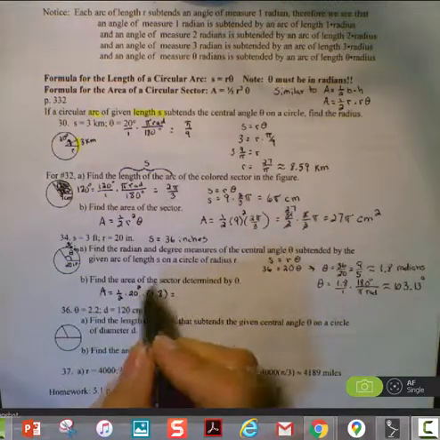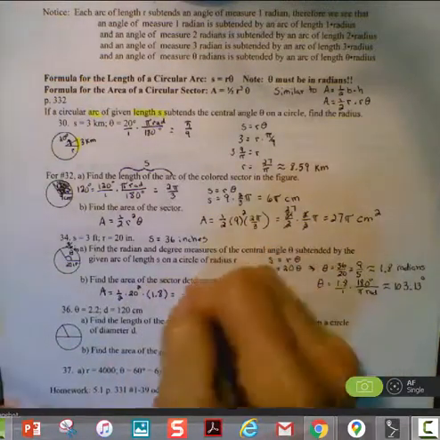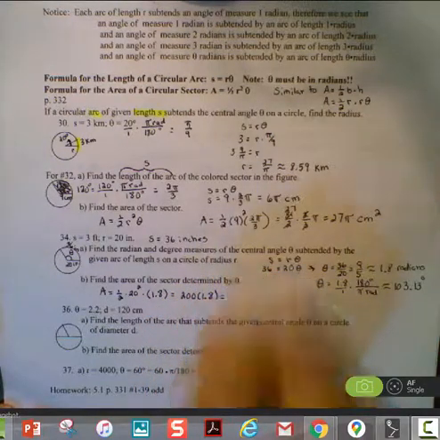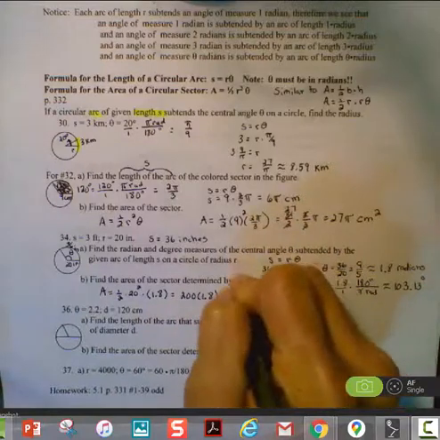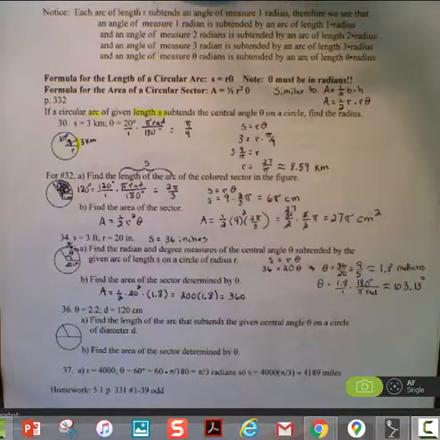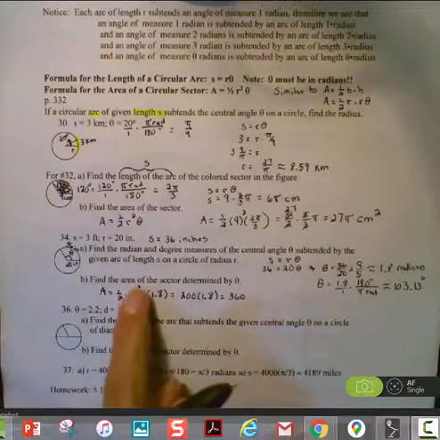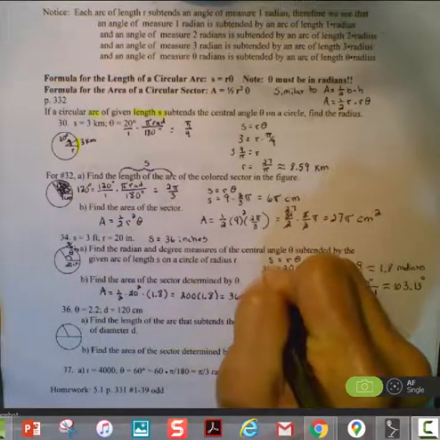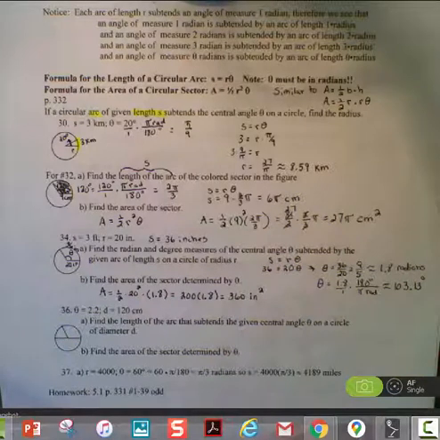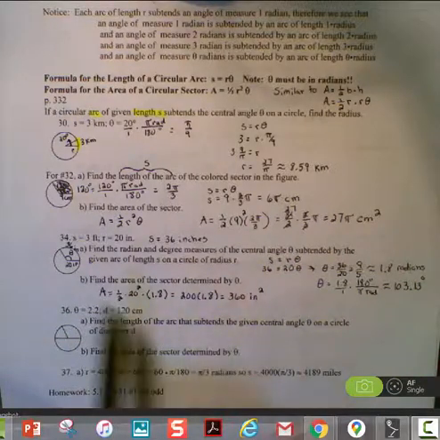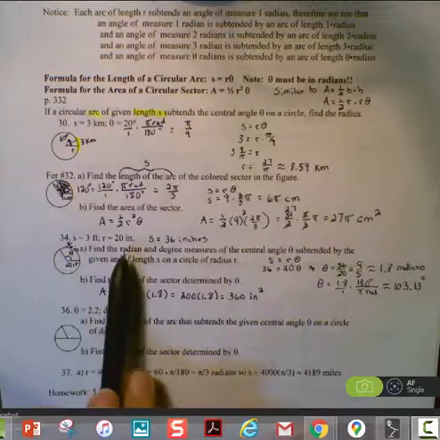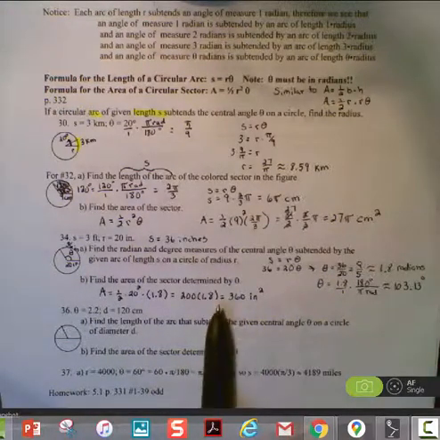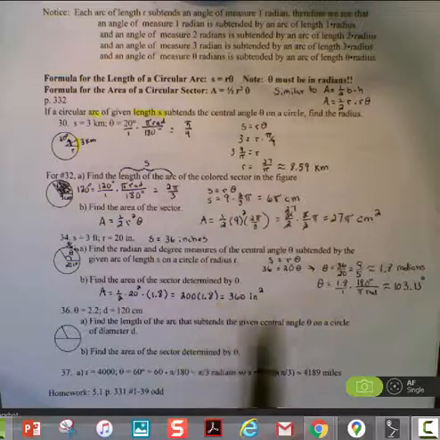Or 20 squared is 400, half of 400 is 200. 200 times 1.8 is 360. Since that's area and our radius is in inches, this is square inches. If we had converted our 20 inches to feet, then this would be in square feet instead of square inches.